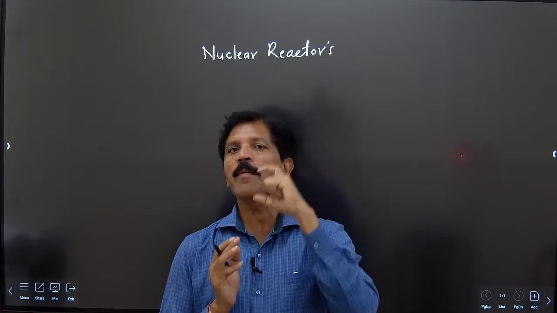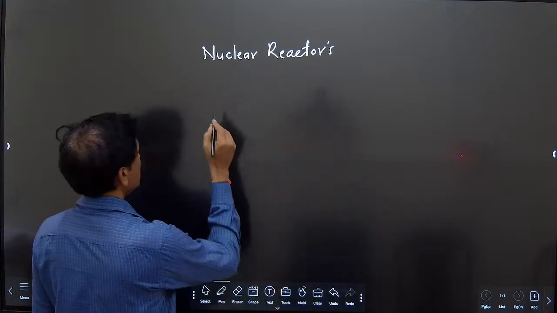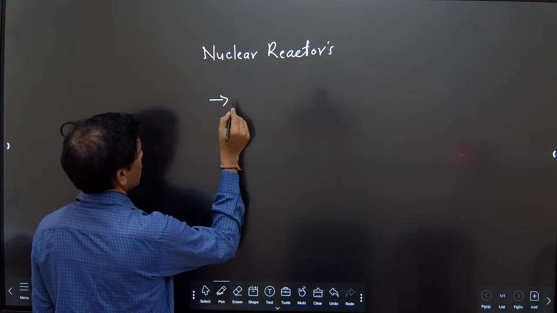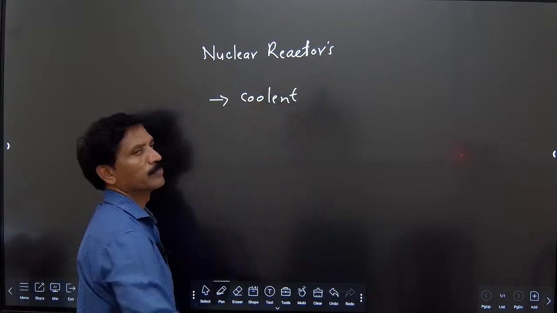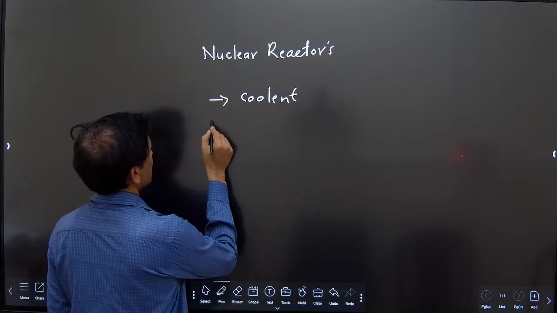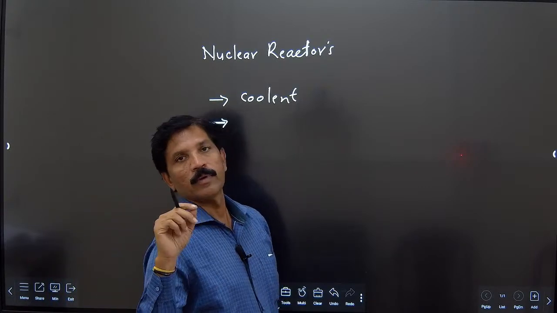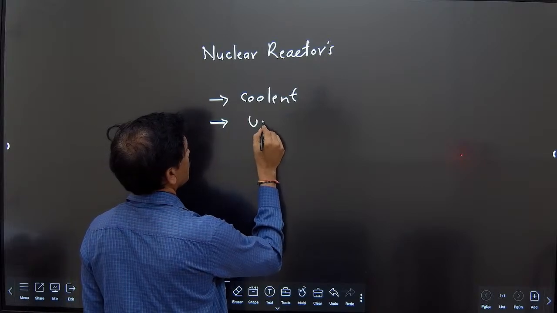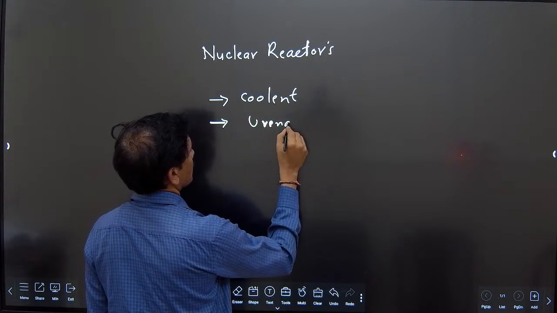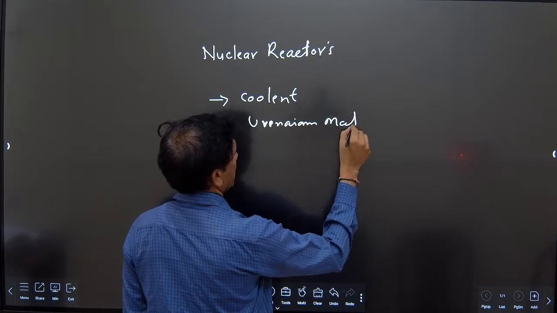The first parameter is type of coolant used. Second classification, type of uranium material.